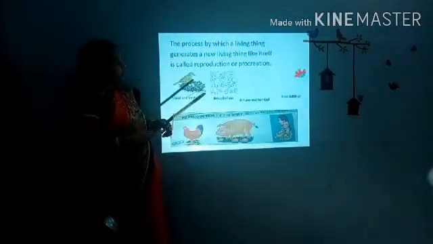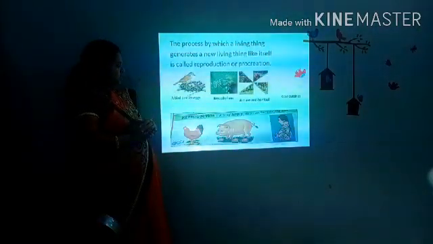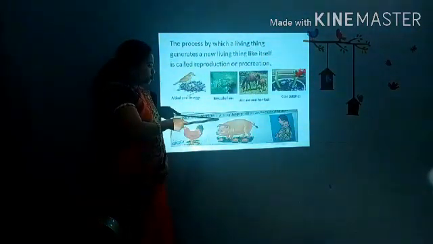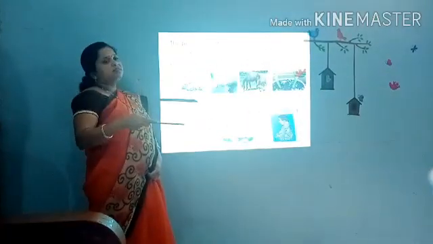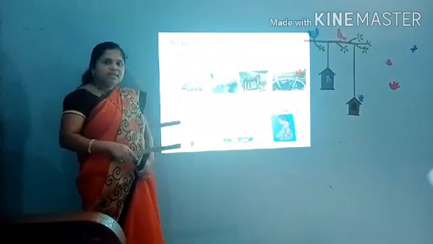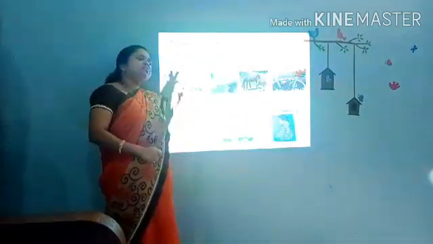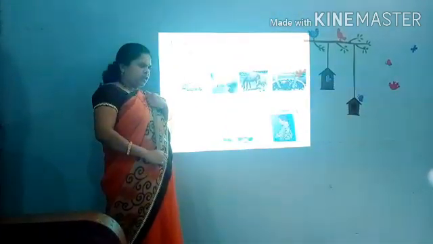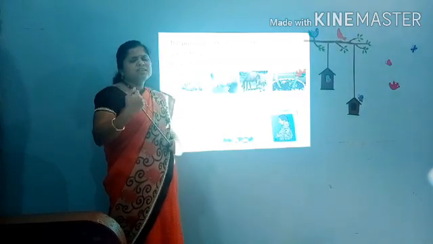Here you can see the next characteristic in living things is reproduction. What is reproduction? When a living thing produces another living thing like itself, this characteristic is called reproduction. Can we see this characteristic in non-living things?